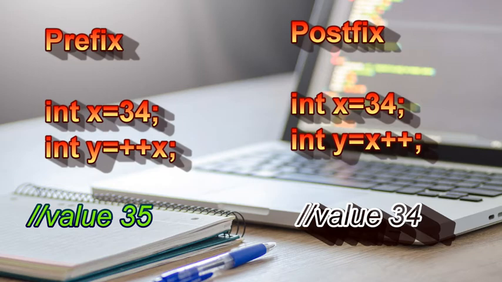But if I use it as x plus plus in the other case, with x equals 34 and y equals x plus plus, the value of y will remain 34 only, and only afterwards will the value of x be incremented. So that is the difference between using prefix and postfix: if we want to increment the value at the same time, or if we want to increment or decrement the value at a later time.